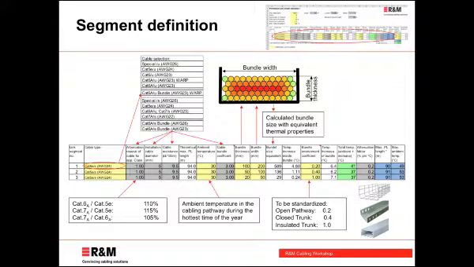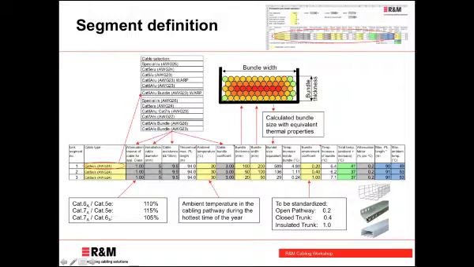Then we have to define the environment of the cable bundle. So you have an open pathway or a wire trunking system, for example a wire basket, where the air can go through to the cable. So this is very well ventilated. We have a factor of 0.2.